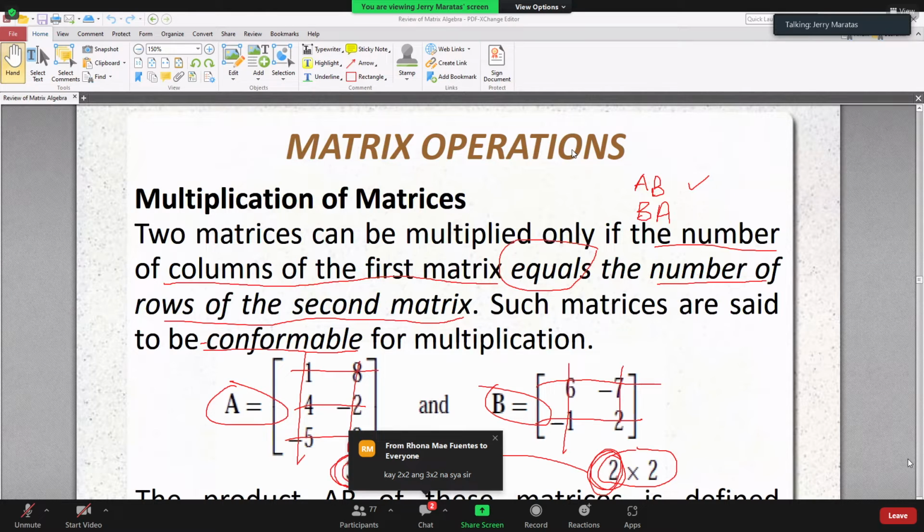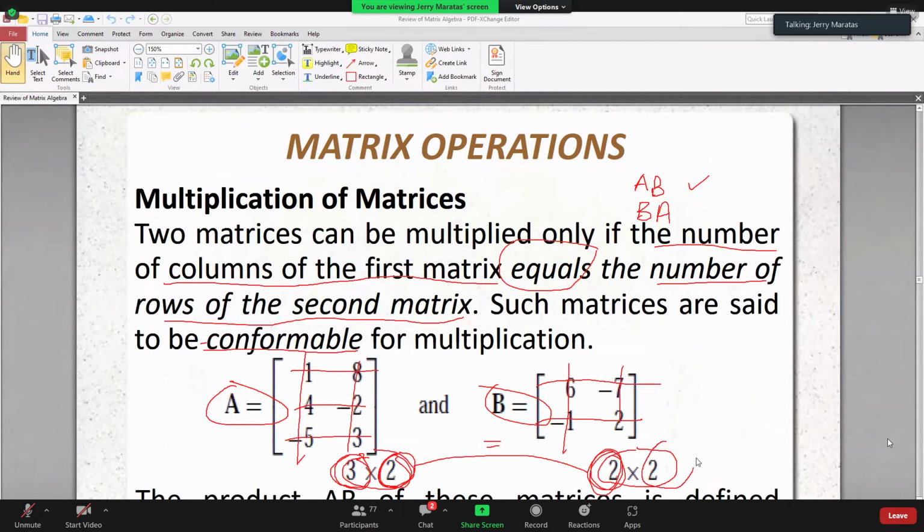Okay, that's good, no? Matrix operations have their own rules, right? So this is pretty clear that you can only multiply two matrices if they are conformable. That is, the number of columns of the first matrix should be equal to the number of rows of the second matrix. So if it is B times A, where is the number of columns?